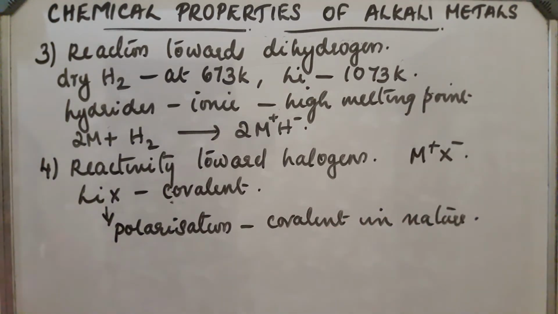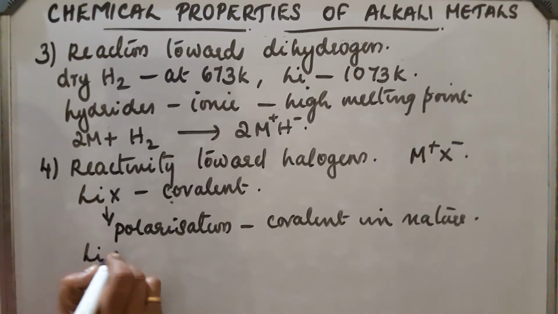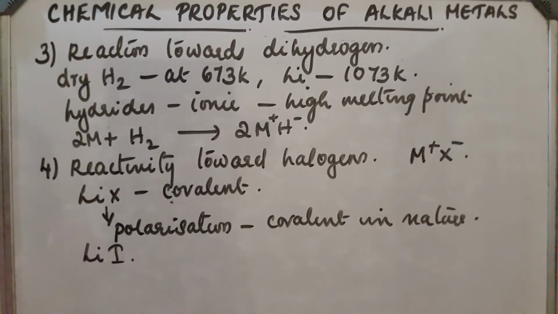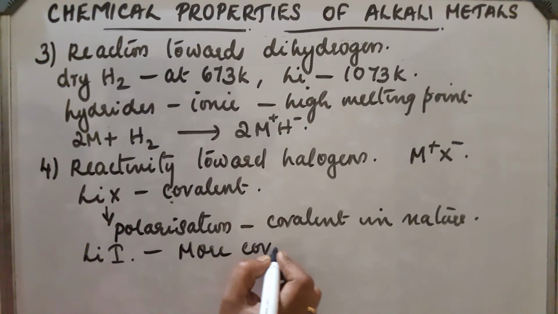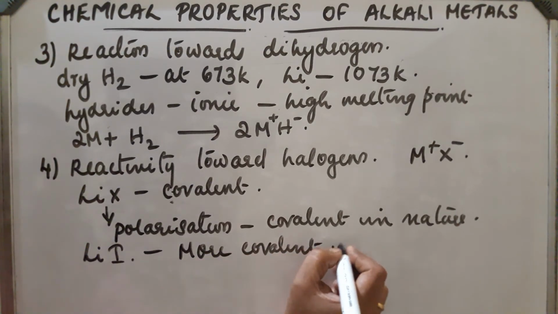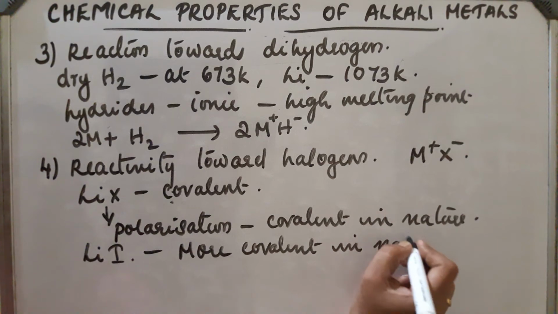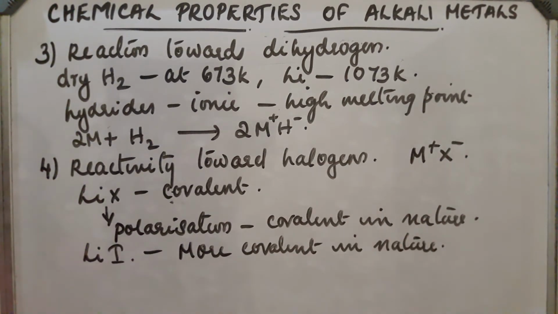Okay, especially in the case of lithium iodide. Iodine is bigger in size compared to other halogens, so the polarization will be more, so they are more covalent in nature. Okay, so all other halides are ionic in nature. These are the reactivity with halogens.